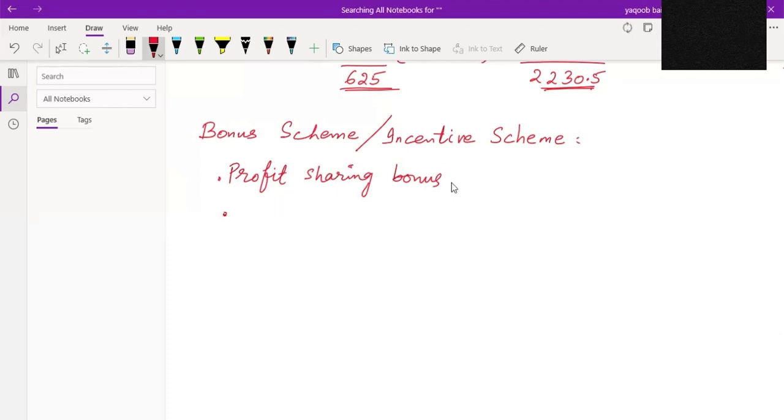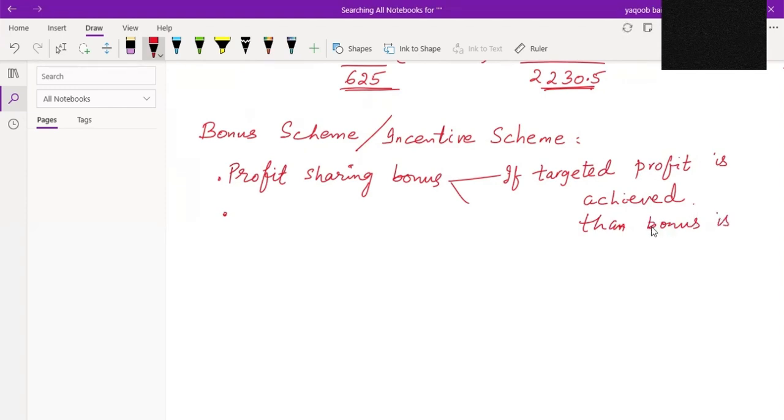There are two types of profit sharing bonus. One is if targeted profit is achieved, then bonus is payable. Suppose targeted profit is $100,000.